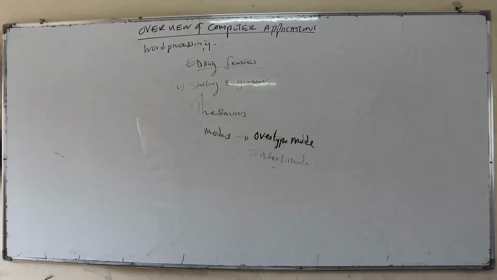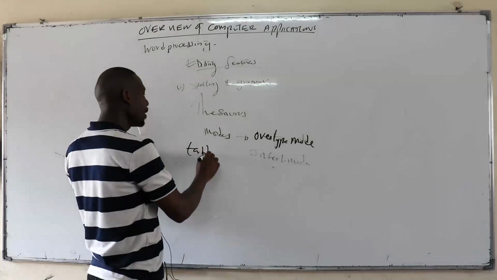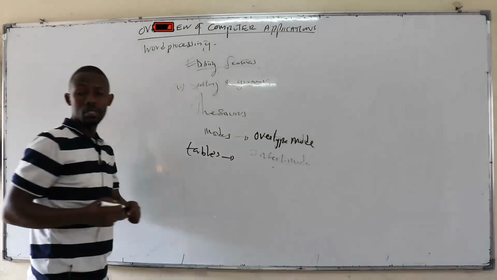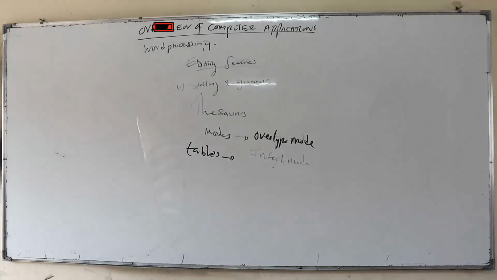The other feature of a word processor is tables. We have the feature called tables.